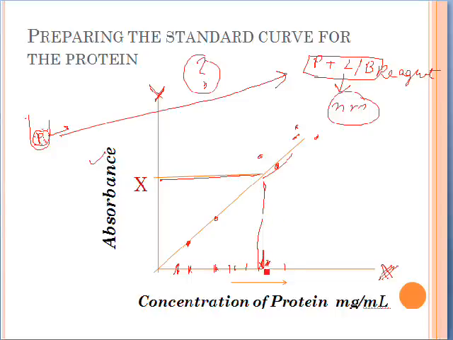On the x-axis you can see the concentration value of protein, which will be the concentration of your unknown protein. If this is still not very clear, don't worry, Vitagen Biotech will soon upload a practical demonstration of all the experimentation.